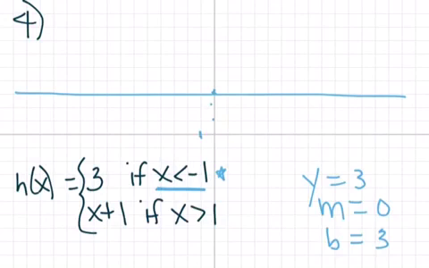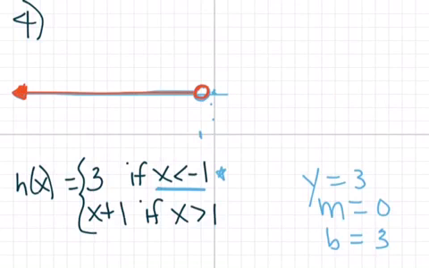So this is where x is negative 1. Go up to the graph. Because it's less than, not equal to, we have an open circle going left. So let's highlight the part that's our answer, open circle there, going left, because it said to use less than. And I'm going to erase the rest of the blue line to cut down on confusion.